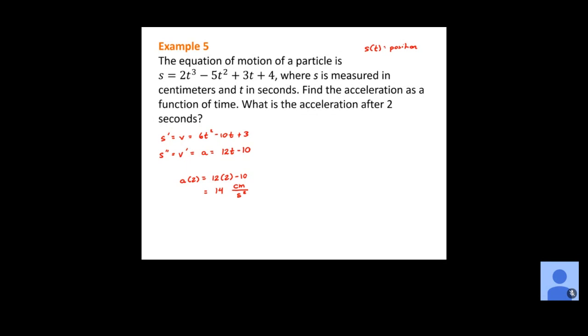Any questions on that one? Again, just keep in mind this relationship between position, velocity, and acceleration, because this is going to keep coming back over and over again throughout all the units that we do.